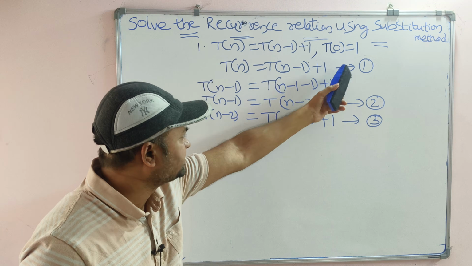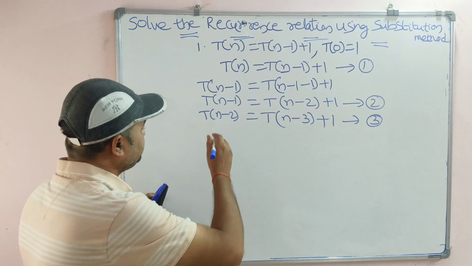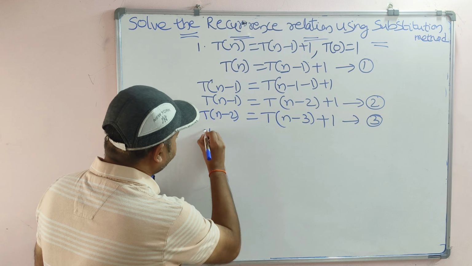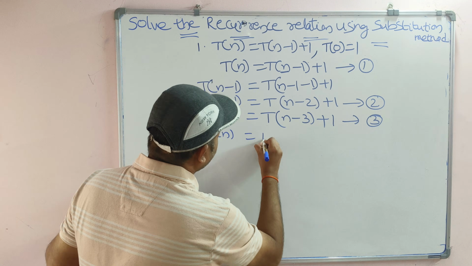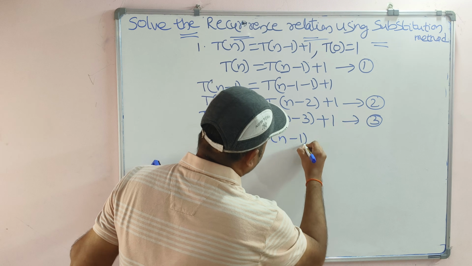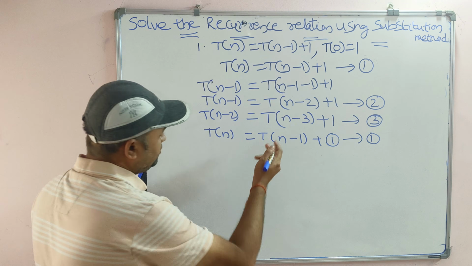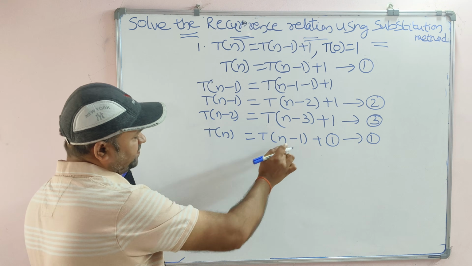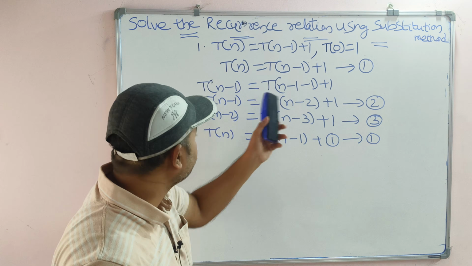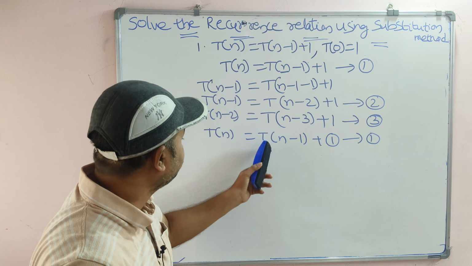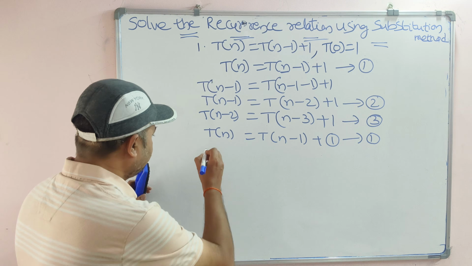So now let us write the first one. What is the first equation? T of n equal to T of n minus 1 plus 1. So this is equation number 1. Now we know about T of n minus 1, so substitute T of n minus 1 in equation 1.